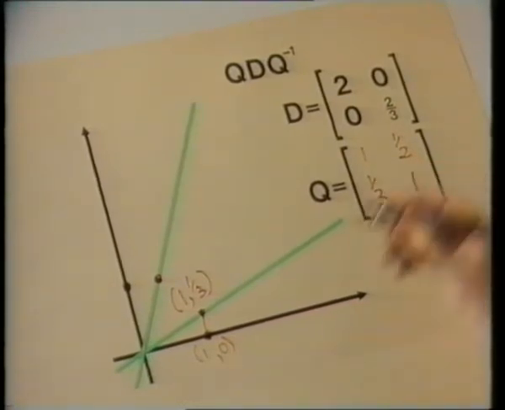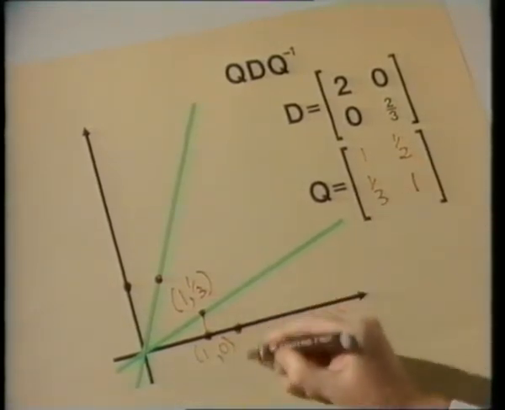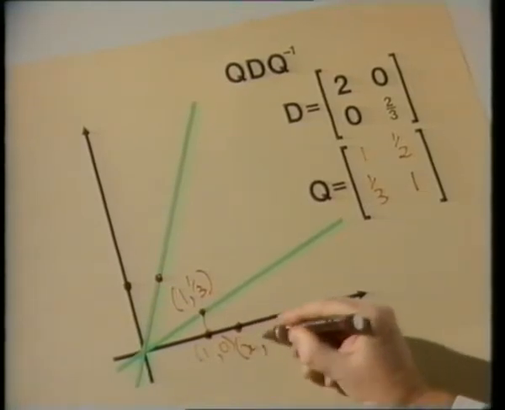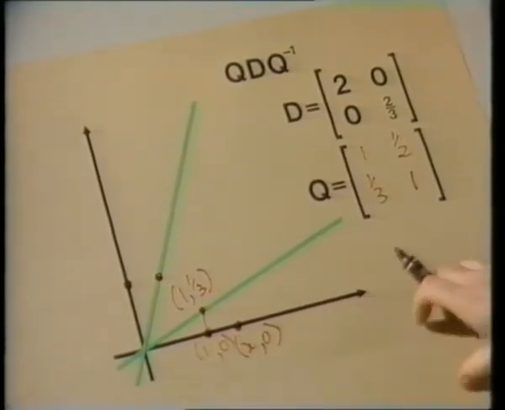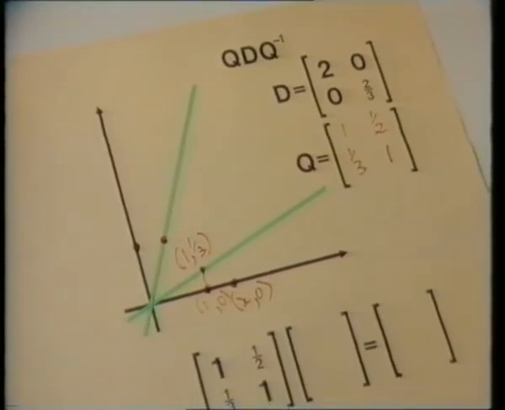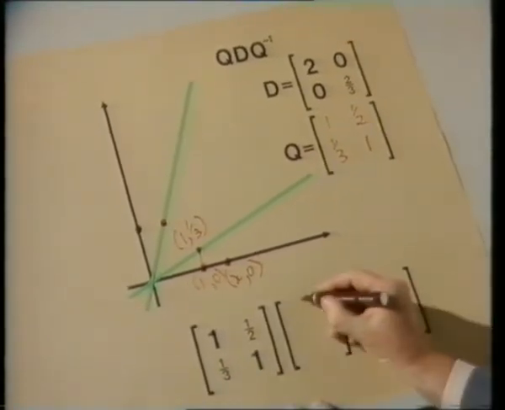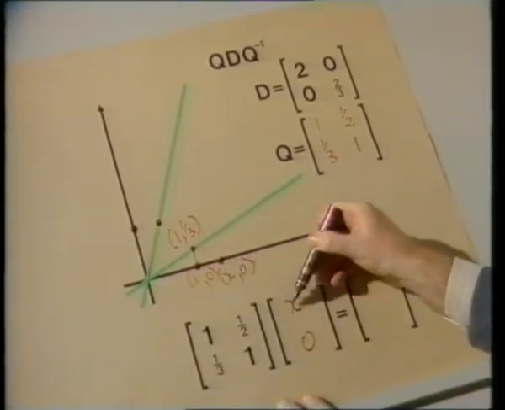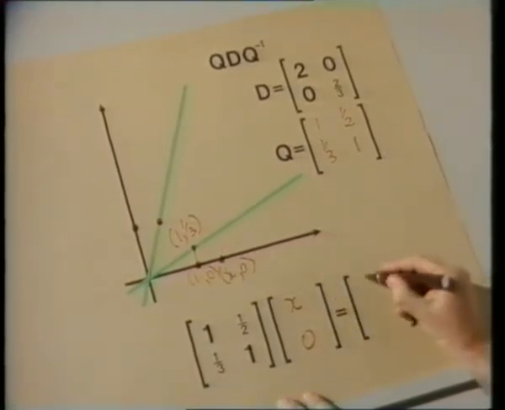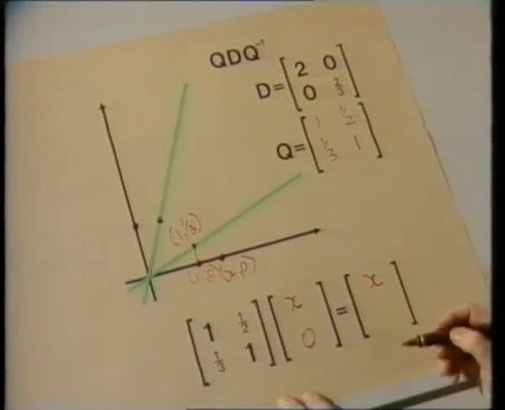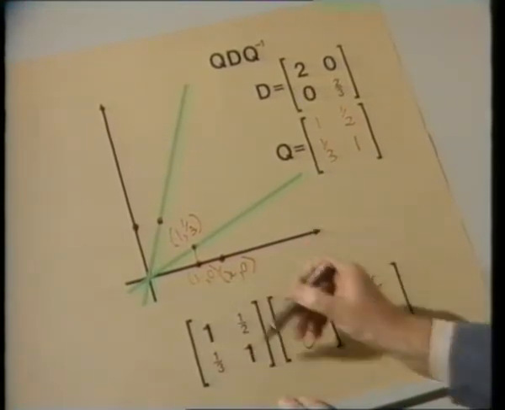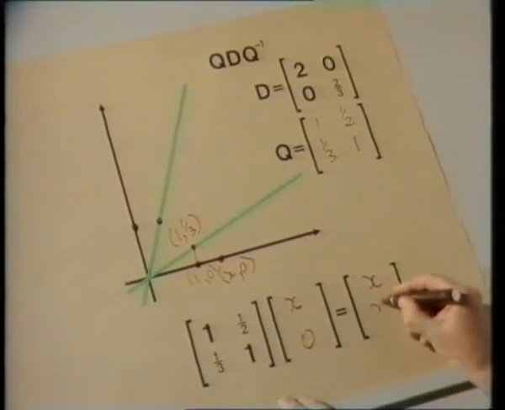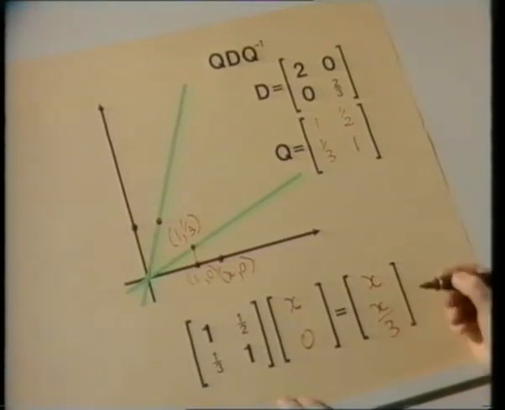All right, let's just check that any point on the x-axis does get transformed to the first eigenline. So let's look at the point with coordinates (x, 0). And let's see what happens when we apply the matrix Q to (x, 0). It's 1 times x plus 1/2 times 0, which gives us x, and then 1/3 times x plus 1 times 0 gives me x over 3.